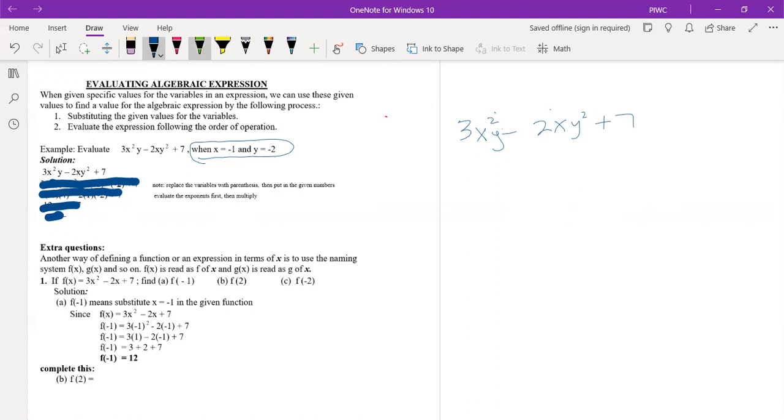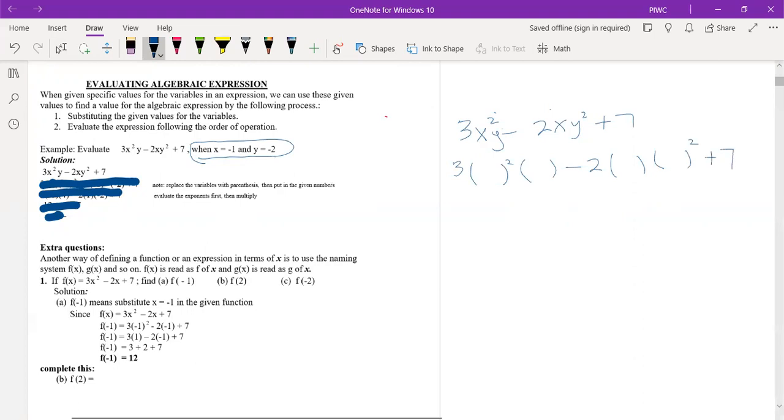Always rewrite this with parentheses in place of the variables so that I don't make any mistake. So I'm going to write 3 and then parentheses to represent the x, and this is squared, parentheses for the y, minus 2 times parentheses for the x, and parentheses to put in the y, and this is squared, plus 7. So if you write this way, you never go wrong.